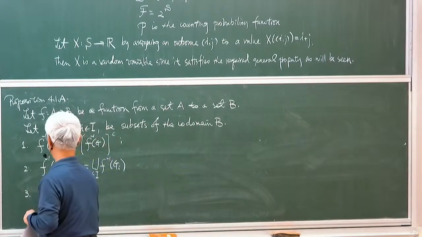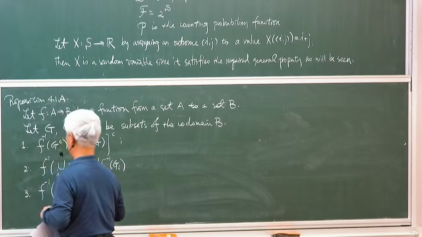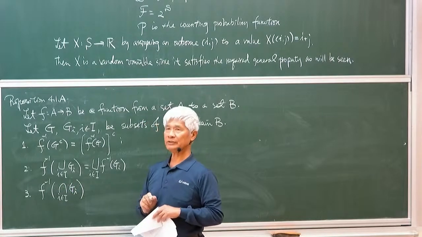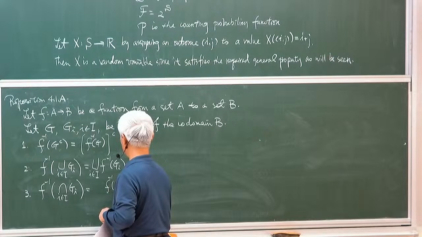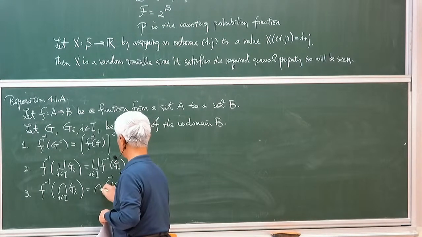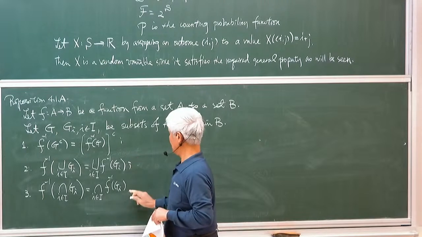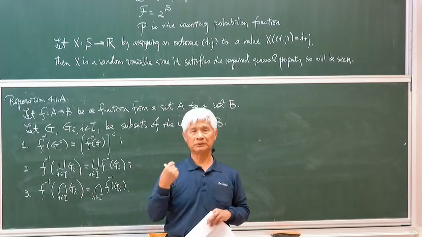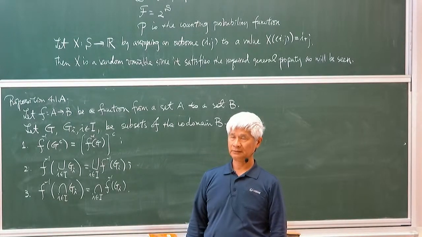Third, if you take the intersection of G sub I, and then take the inverse mapping, it is equal to taking the inverse mapping first, and then taking the intersection. So the intersection and the inverse mapping commute. Very nice properties.